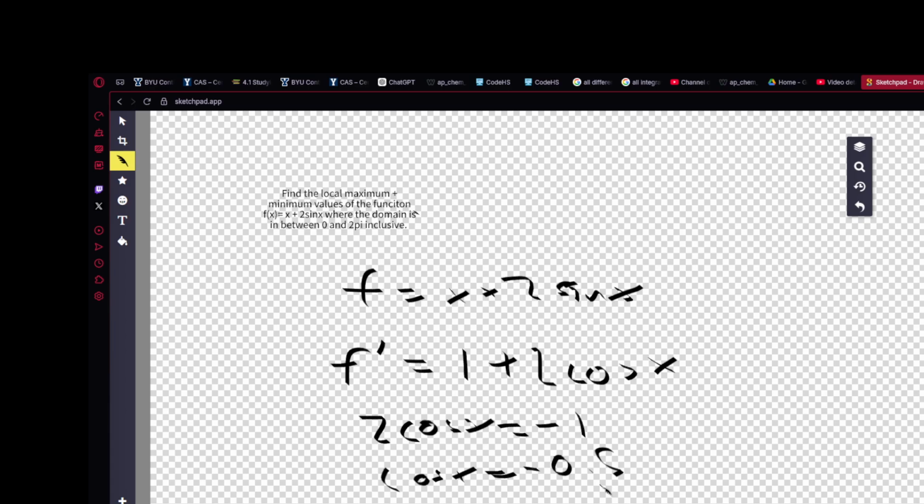So when cosine is equal to negative 0.5, which is on the left side of the unit circle, that would be around 120 degrees, which is 2 pi over 3. Yep, 2 pi over 3 is correct.